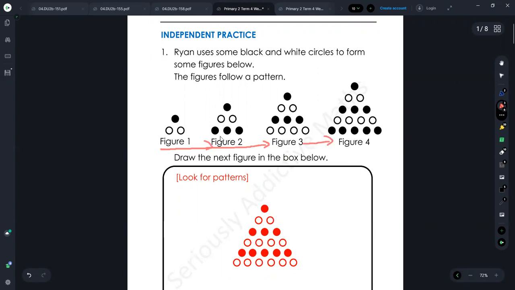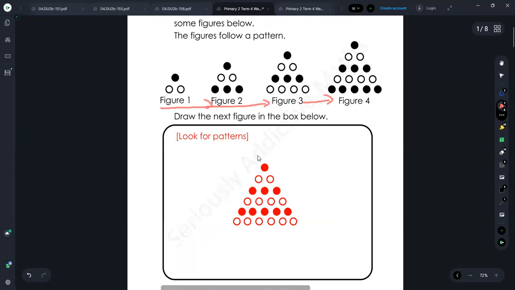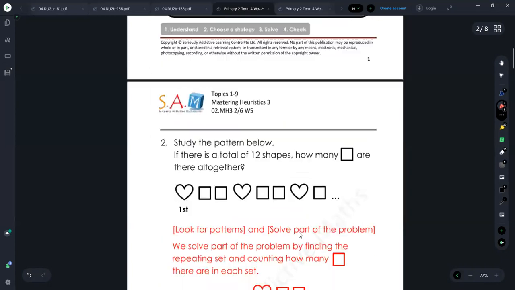If you read out to them, it'll be plus 3 black circles, plus 4 white circles, plus 5 black circles. And the next, figure 5, they should be able to tell you is plus 6 white circles. So all they need to do is draw figure 4 again, then add on the 6 white circles. That's the way to do this question.